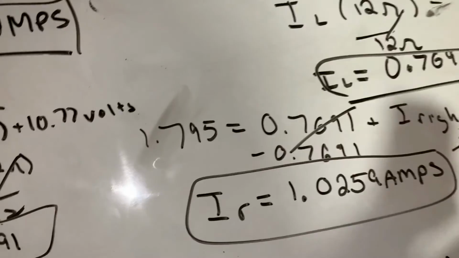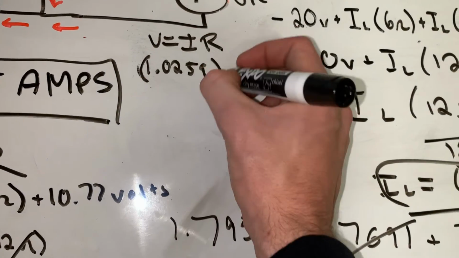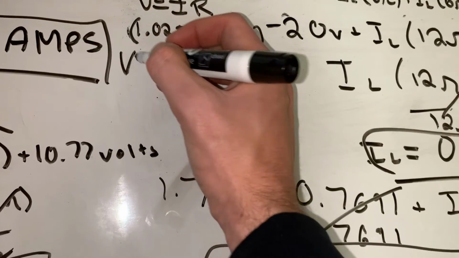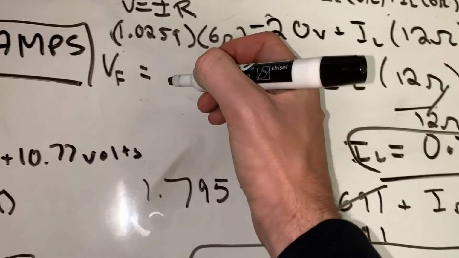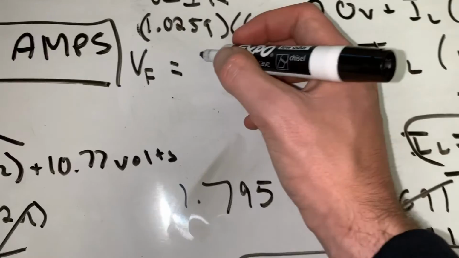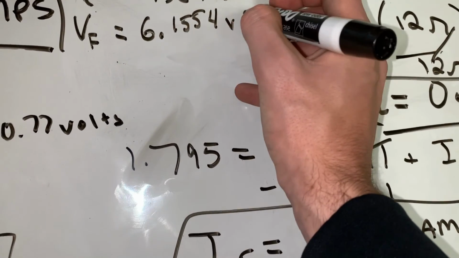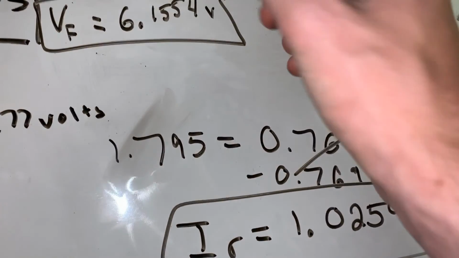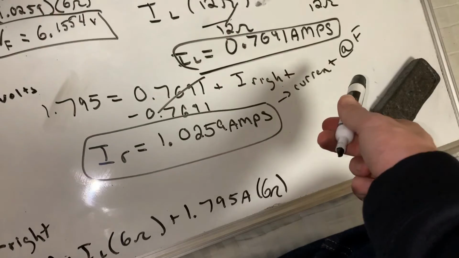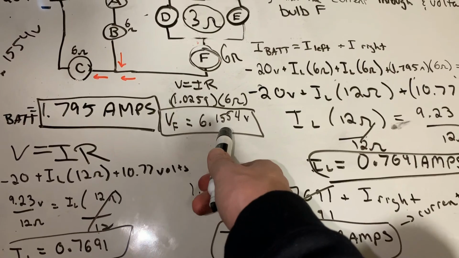So we multiply the 1.0259 times the 6 ohms resistance, and we get that the voltage at F comes out to be 6.1554 volts. So that is the voltage at F. So we have the current at F, 1.0259 amps, and we have the voltage at F.